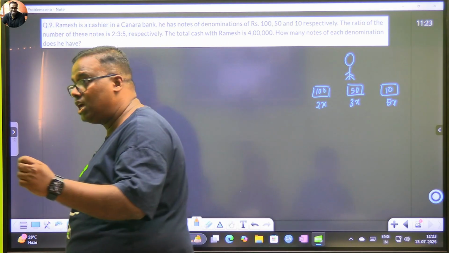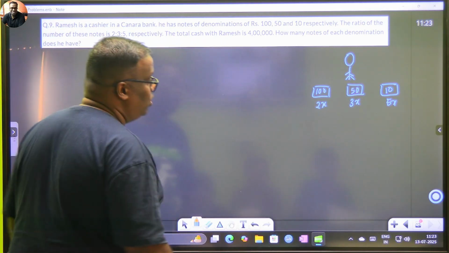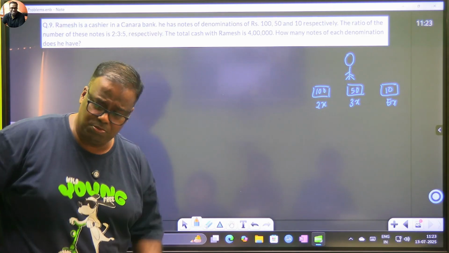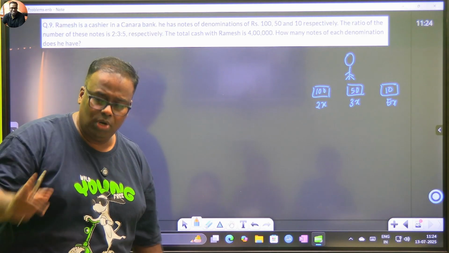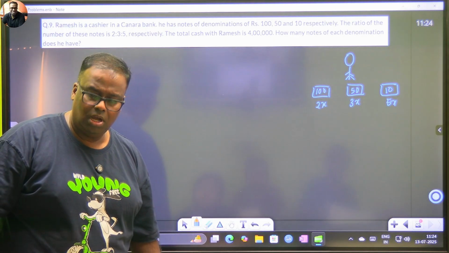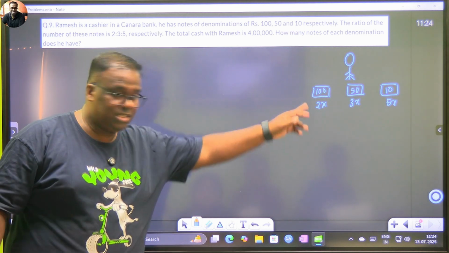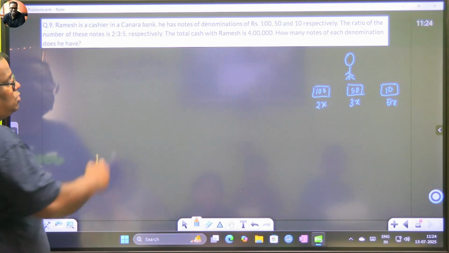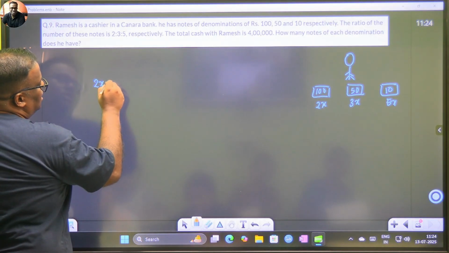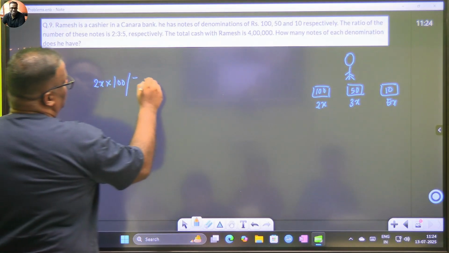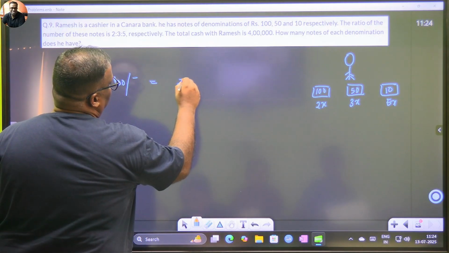So you should first calculate the money value. If I have 100 rupees, how much money do I have? If I have 200 rupees, how much money do I have? How did you know 200? 2 into 100. I have 2x 100 rupee notes. So how much money do I have? 2x into 100 rupees. My money is how much? 200x.